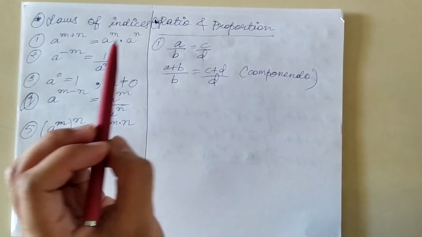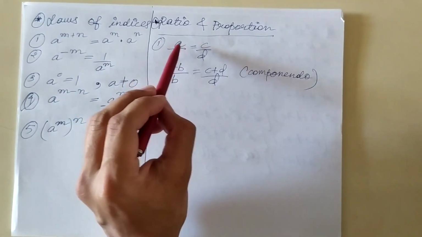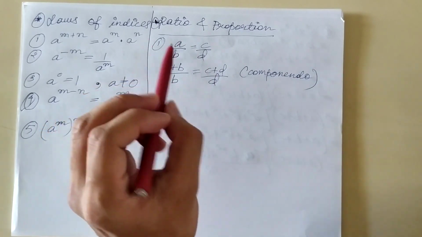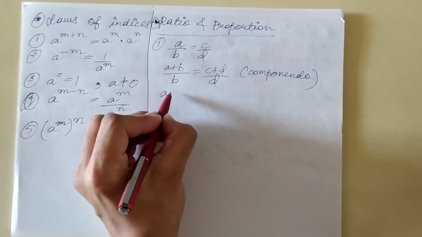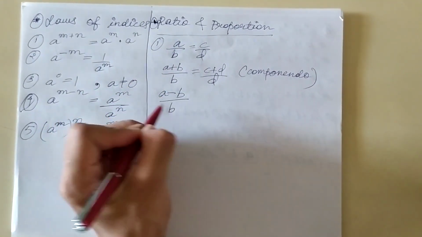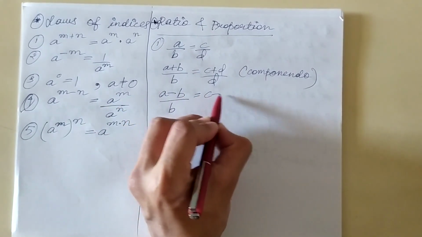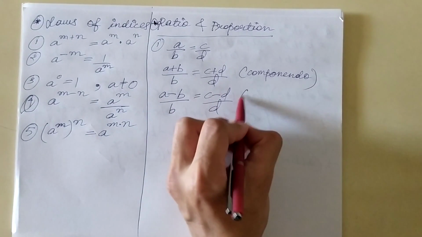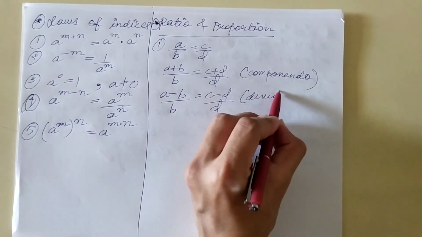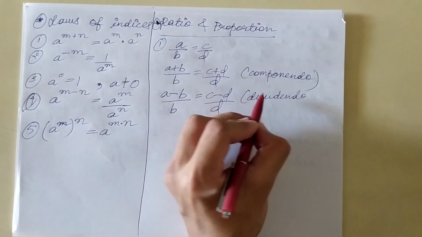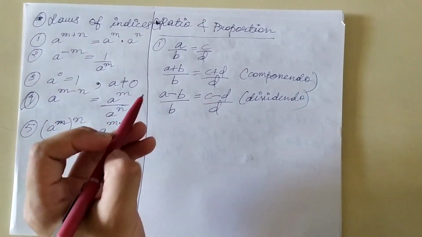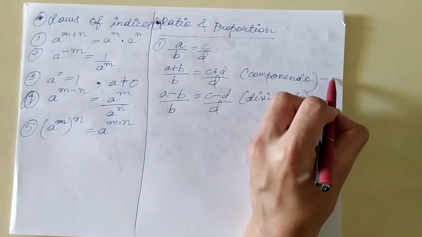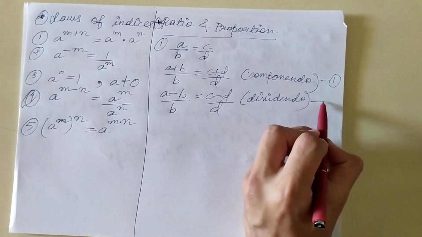Similarly, if we subtract 1 from both sides of A by B is equal to C by D, then we will get A minus B upon B is equal to C minus D upon D, and this is nothing but dividendo. Now consider this expression number 1 and this 2.